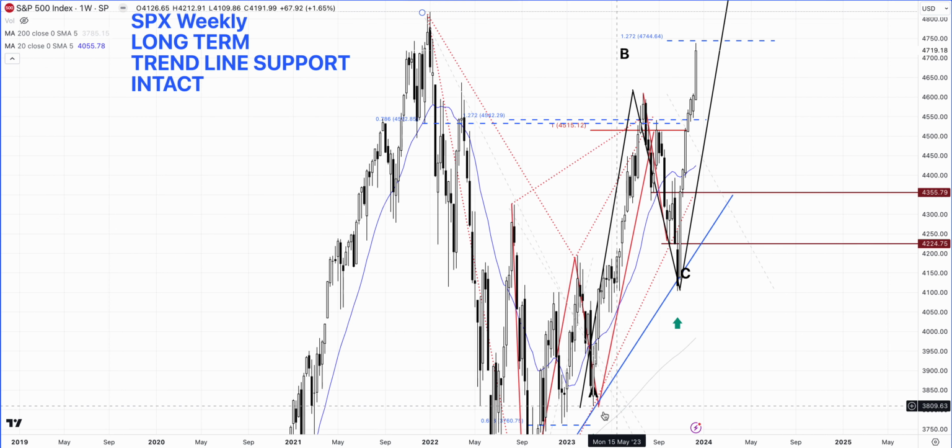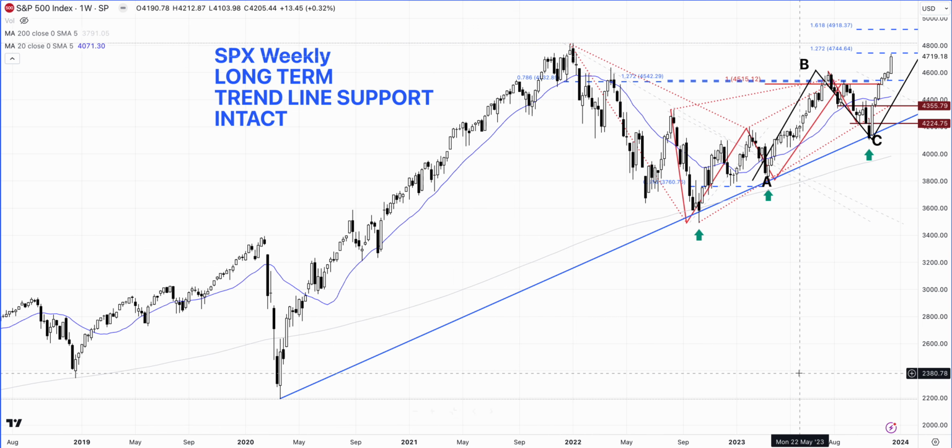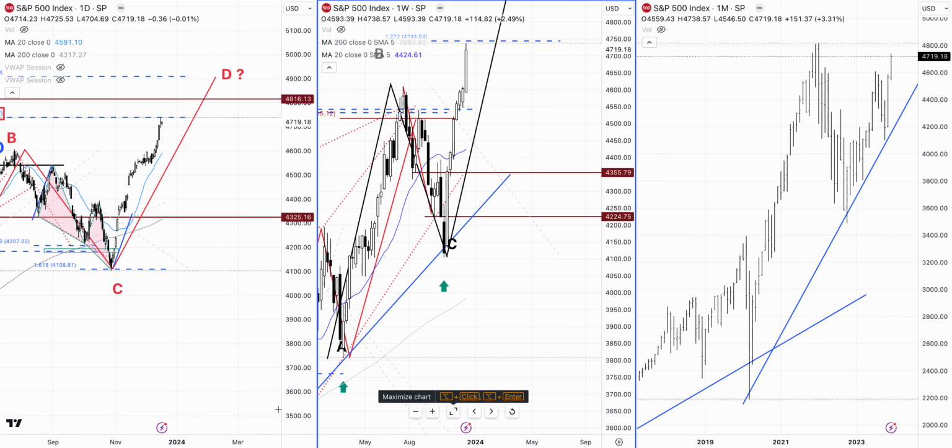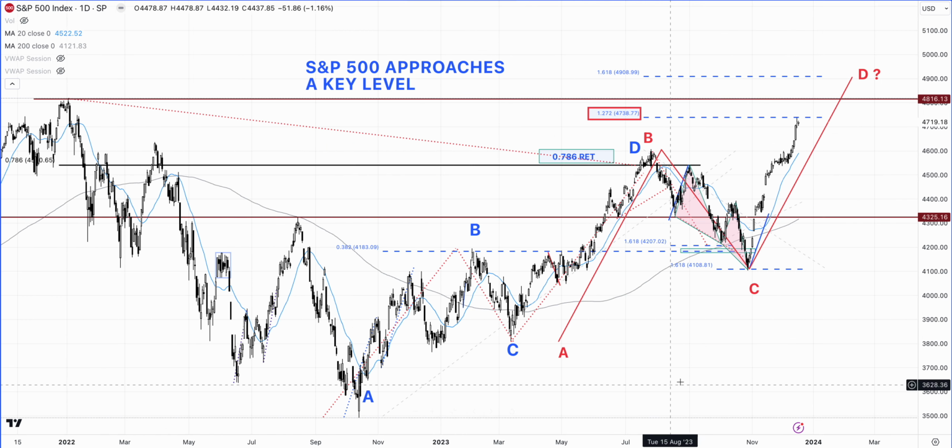Taking a look at this on the weekly chart, we also have this 1.618 Fibonacci expansion coming at this black ABCD one-to-one price projection level as well.